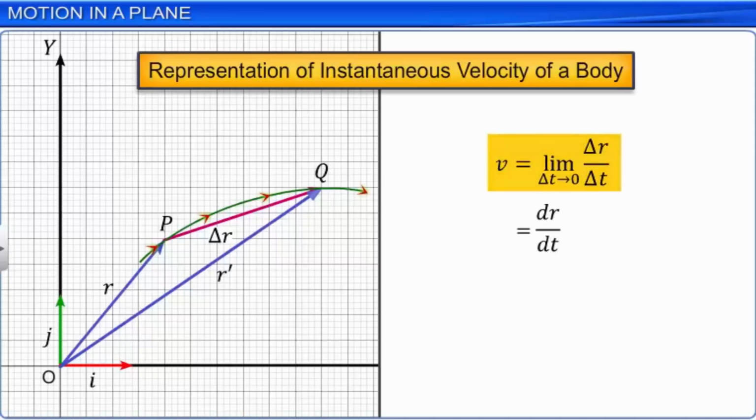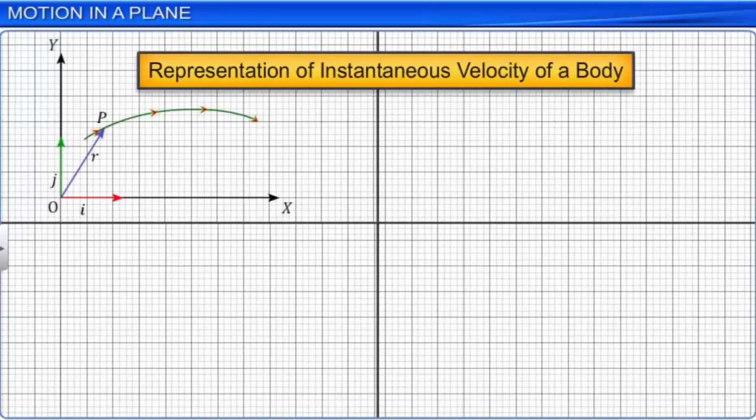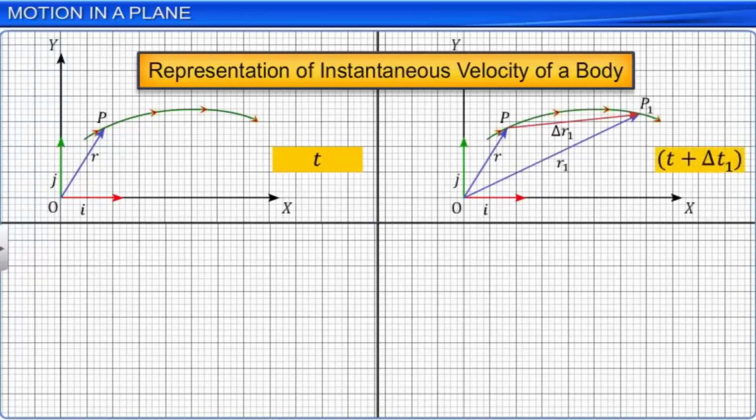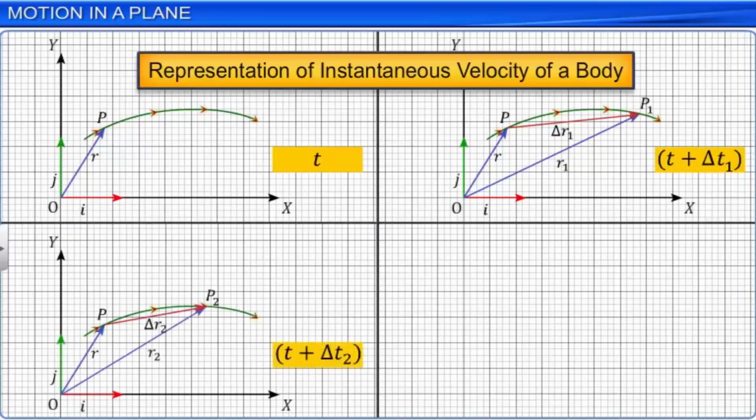When the body is moving along the curved path in the xy plane, it is at point P at time t, at point P1 at time t plus delta t1, at point P2 at time t plus delta t2, and at point P3 at time t plus delta t3.